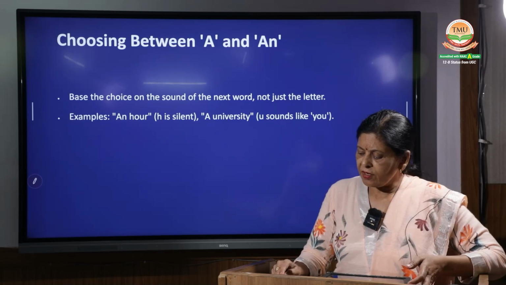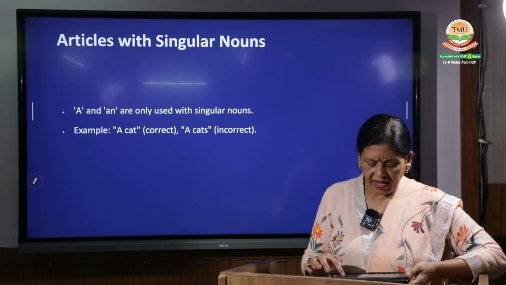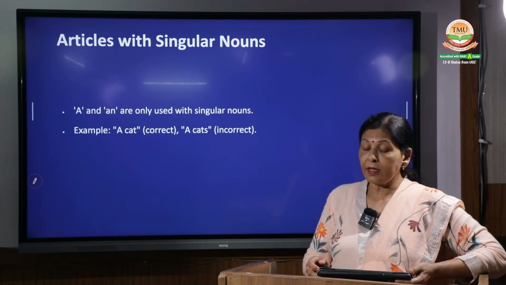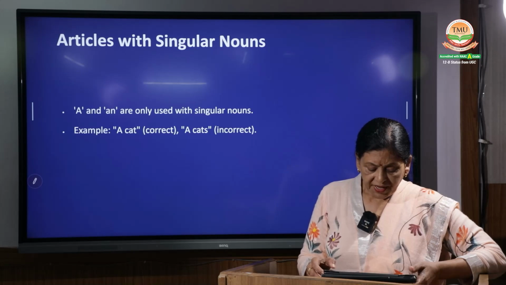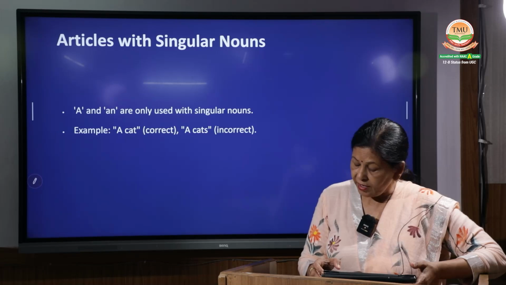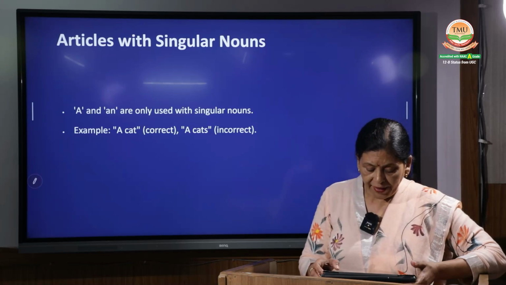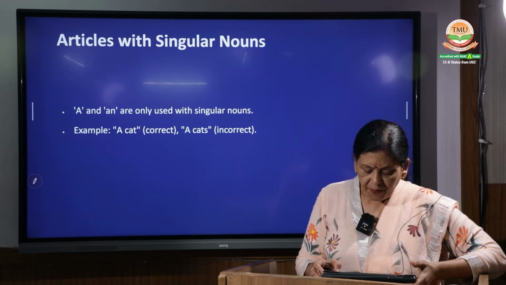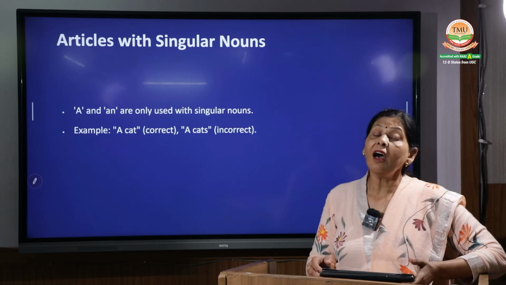Now, after discussing the usage of a and an, let's talk about choosing between a and an, and how we will choose. Base the choice on the sound of the next word, not just the letter. We will base the choice on the sound of the next word, not just the letter.